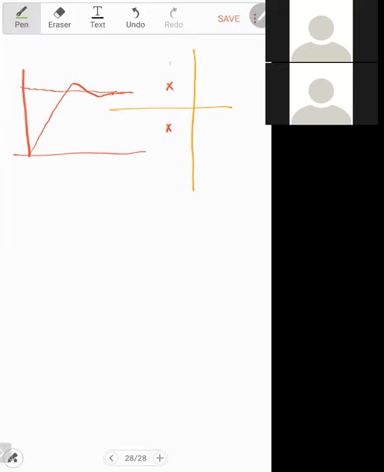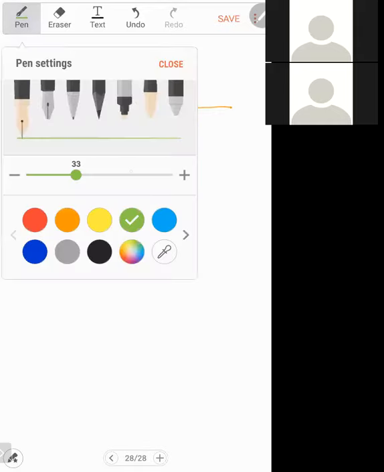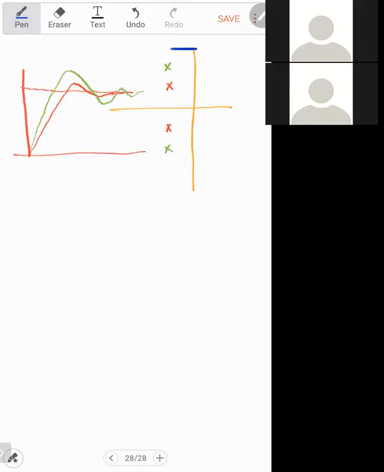If you move the poles along this side, the overshoot will increase. It will increase like this. If you further move the poles along this side, it will further increase.